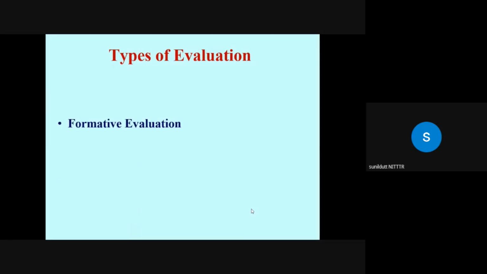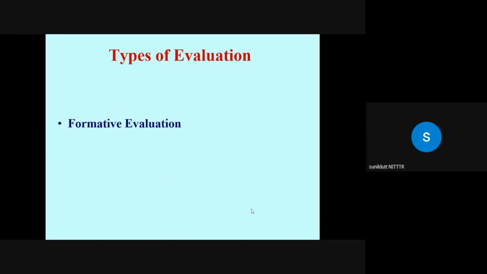Formative means during the formation of learning. Okay, the purpose is to monitor the learning progress during instruction. So say you have a topic of about 1 hour. You have divided that topic into 3 or 4 subtopics.